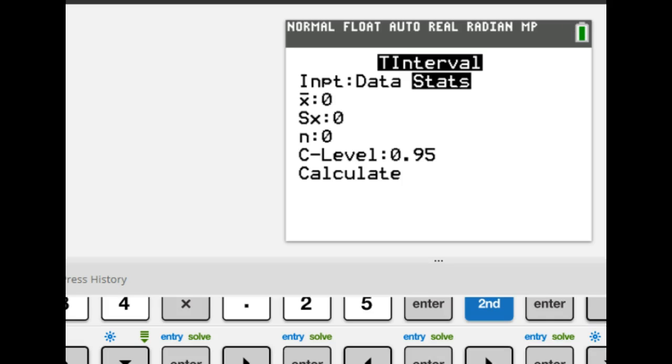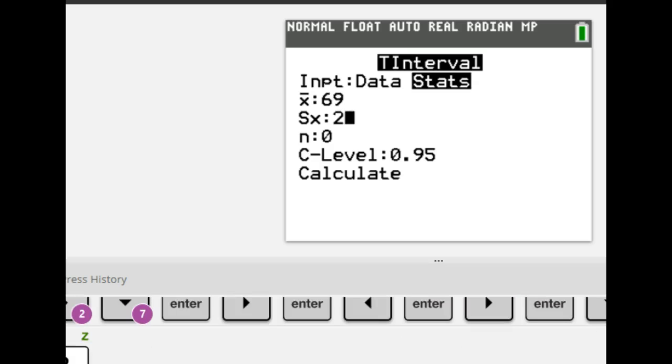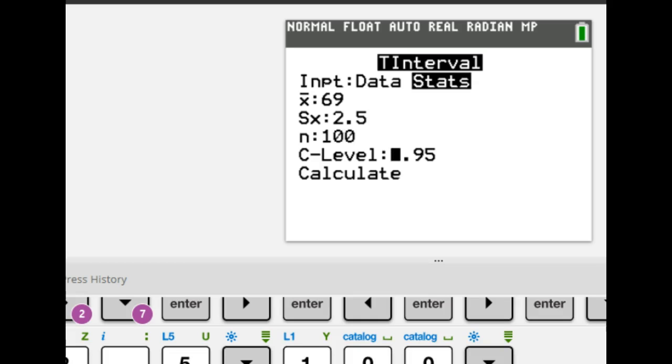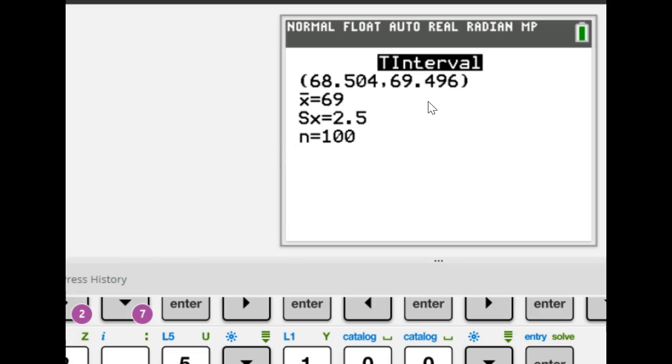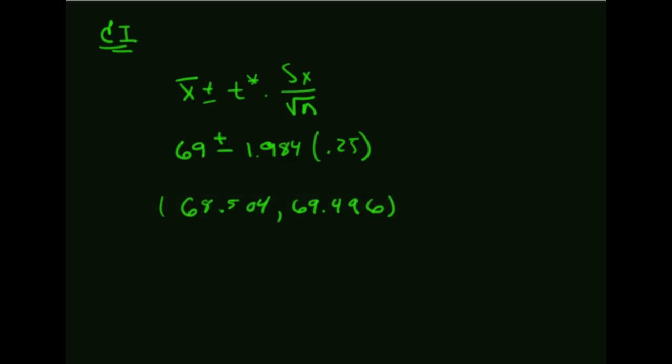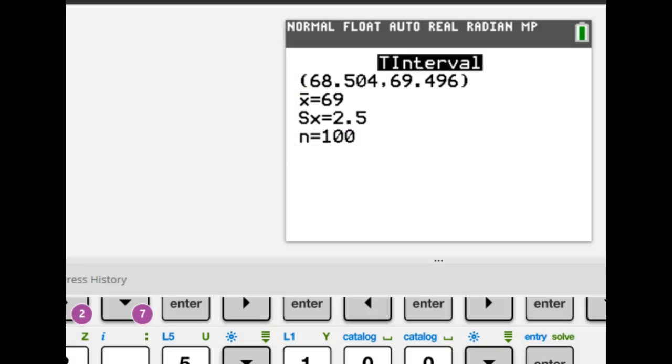In our case, the mean was 69, the standard deviation was 2.5, my sample size was 100, and I had a 95% confidence level. It calculated the degrees of freedom as 99, and I got 68.504 to 69.496. The calculator and I are getting the same interval.